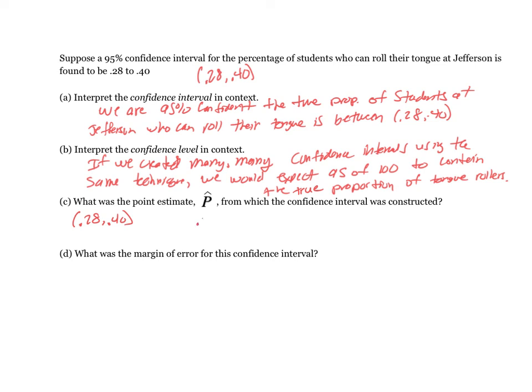So to find the middle, you simply add up the 2 endpoints and divide by 2. So this would be 68 divided by 2, and 68 divided by 2 would be 34%. So in this problem, the p-hat was 34%. So I can find that out by just finding the average of the endpoints.